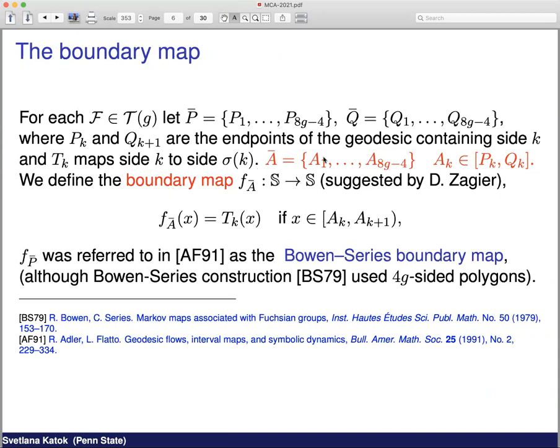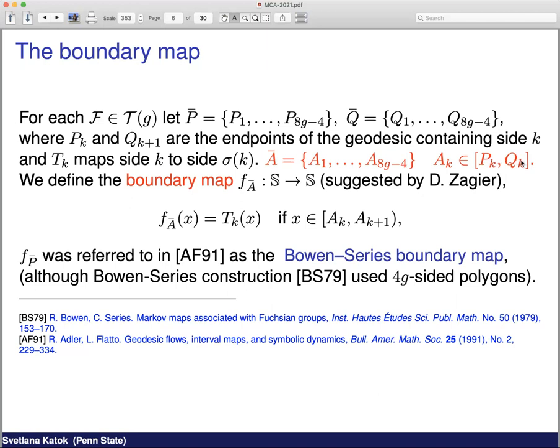Okay, right? So instead of just looking at these endpoints, P's or Q's, as was done before, it was suggested a few years ago, maybe now 10 years ago or more, by Don Zagier to actually consider this F sub A, where frankly, he didn't even want to restrict A_k between P_k and Q_k.